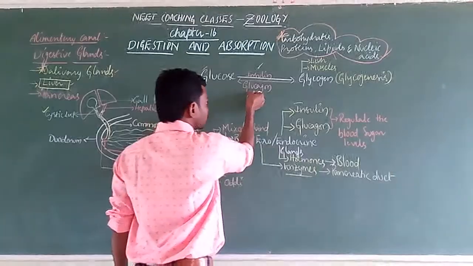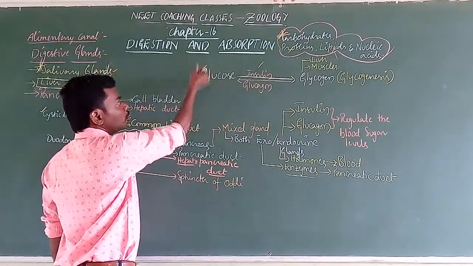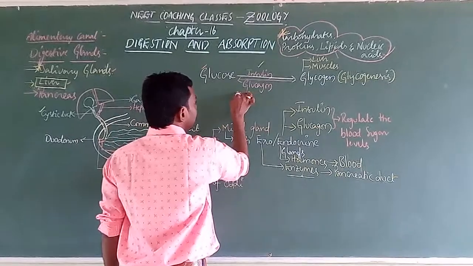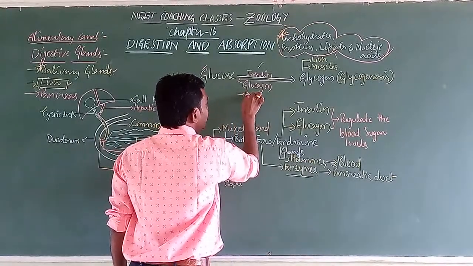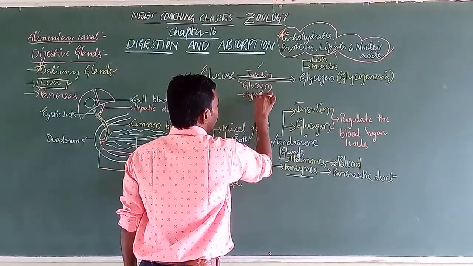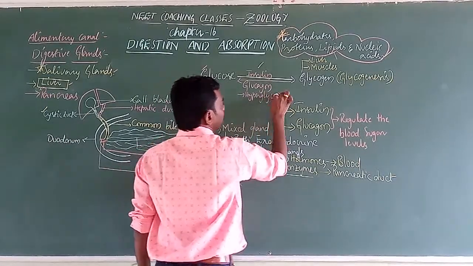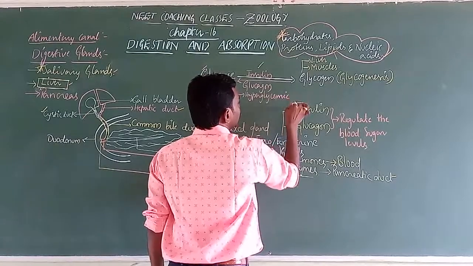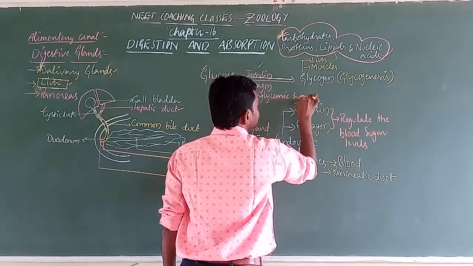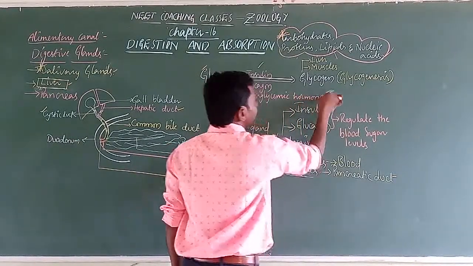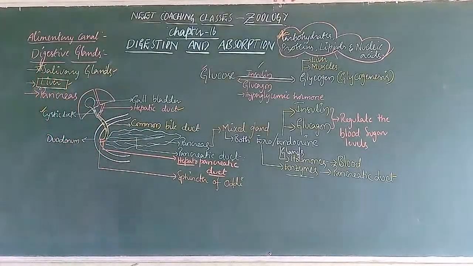Because of this glucagon, glucose is going to be increased. Hence, it is called a hyperglycemic hormone. Hyperglycemic hormone means glucose levels rise within the blood itself.